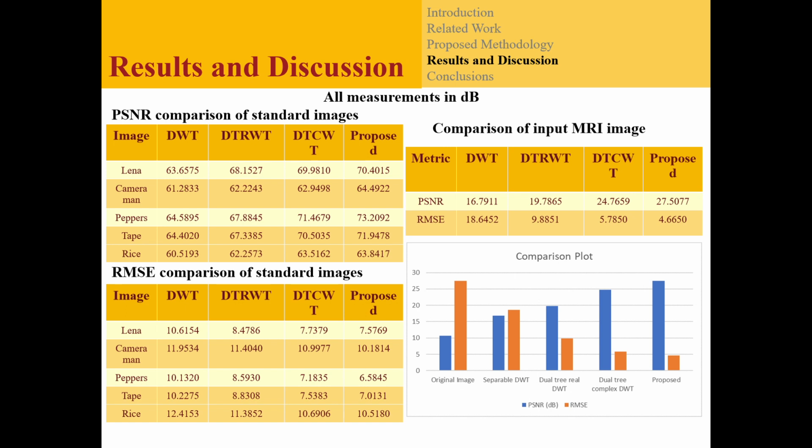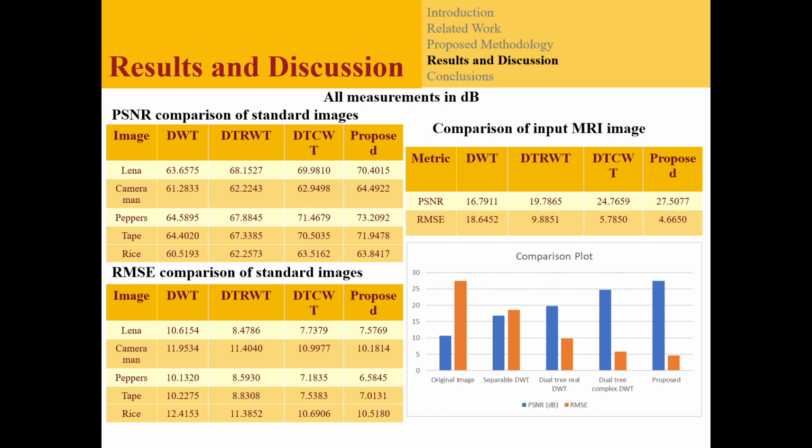To monitor the performance of wavelet transforms, PSNR and RMSE are the major parameters which show which technique is the best. From the observations we see that the PSNR and RMSE values of DTCWT are near the proposed values, so it gives more effective and nicer images.